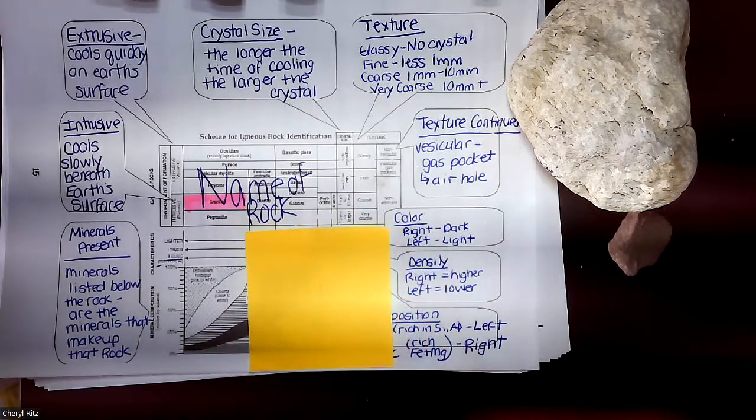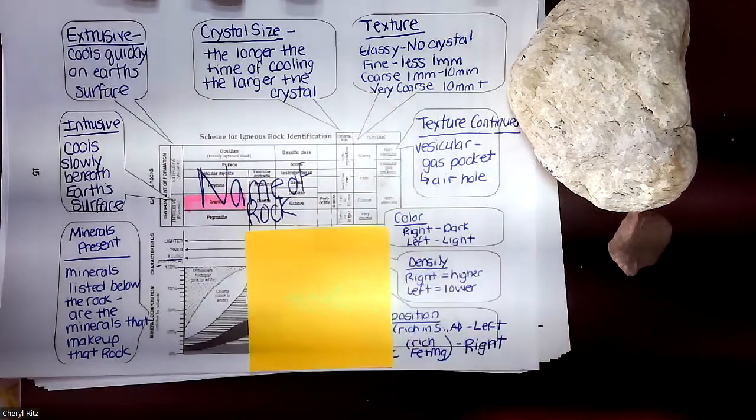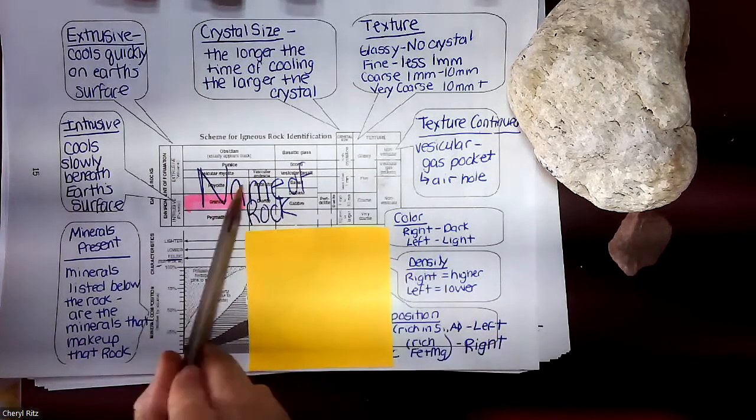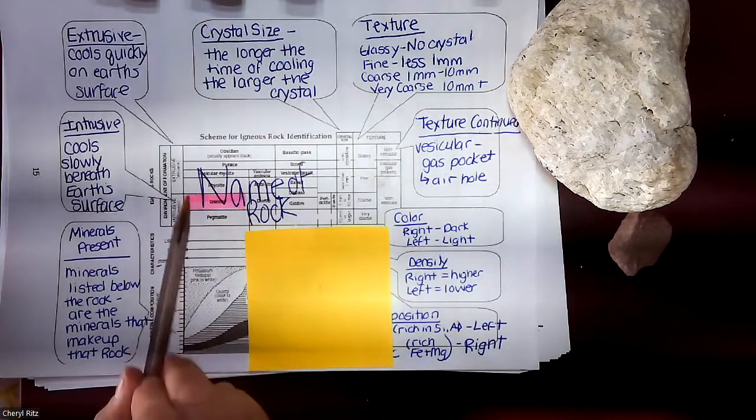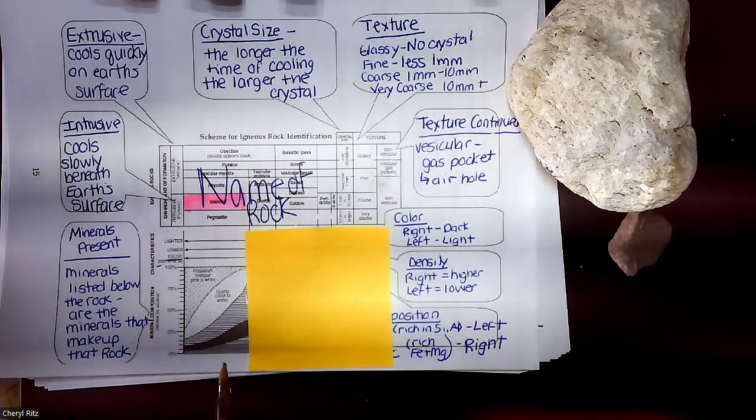So with that, I actually have a question. What minerals make up rhyolite? The same things that make up granite. See how rhyolite and granite, their boxes kind of line up? If you follow them down, rhyolite and granite have the same minerals. So what's the difference between granite and rhyolite?